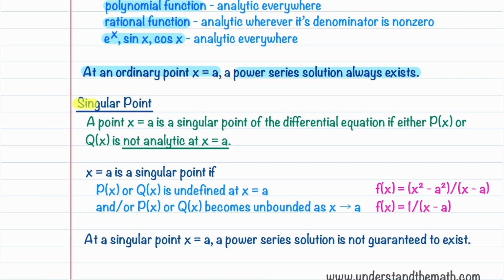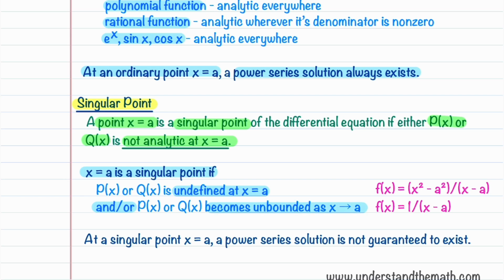Now let's talk about a singular point. A point x = a is a singular point of the differential equation if either p(x) or q(x) is not analytic at x = a. In particular, x = a is a singular point if p(x) or q(x) is undefined at x = a and/or p(x) or q(x) becomes unbounded as x approaches a.